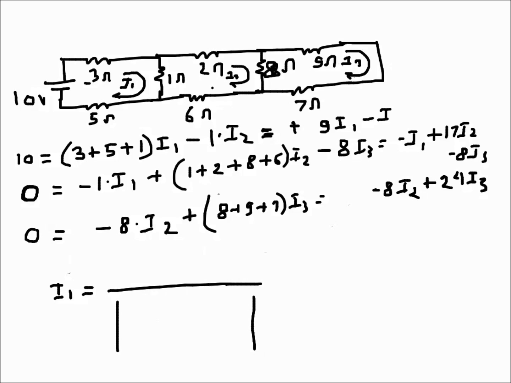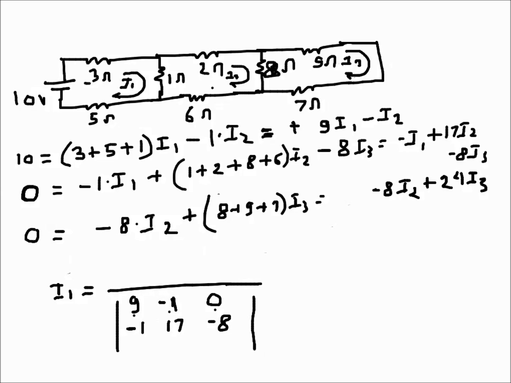So it will have 9 here, then negative 1, and this one is 0. This is the coefficient of I1, this is I2, this is I3. For the second equation, the coefficient of I1 is negative 1, I2 is 17 and I3 is negative 8.